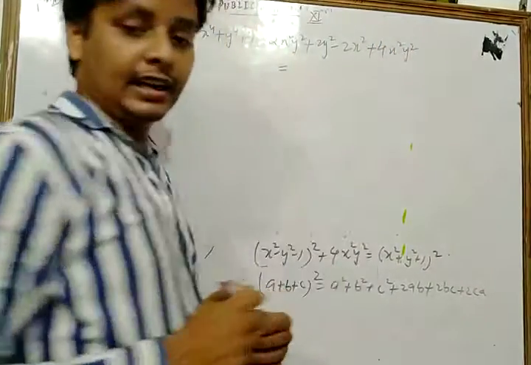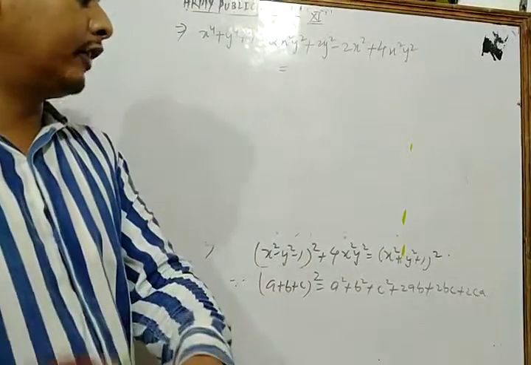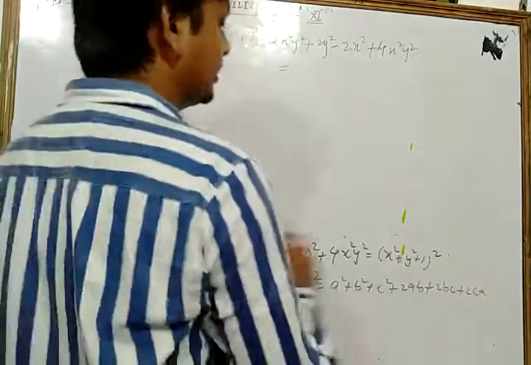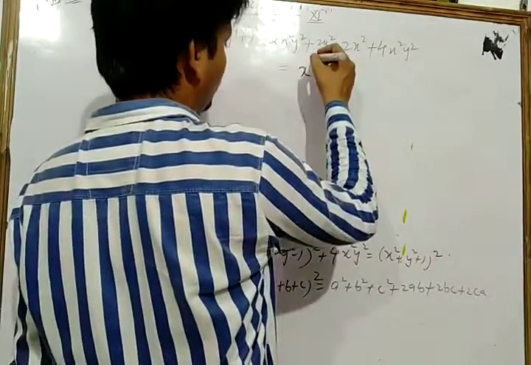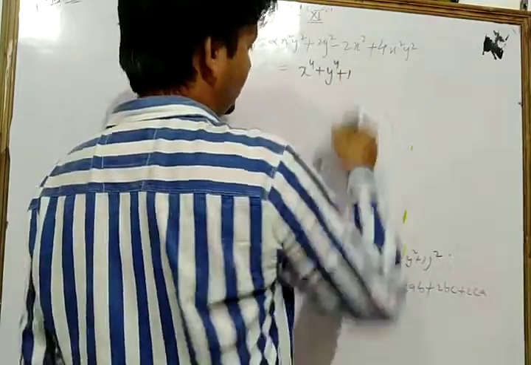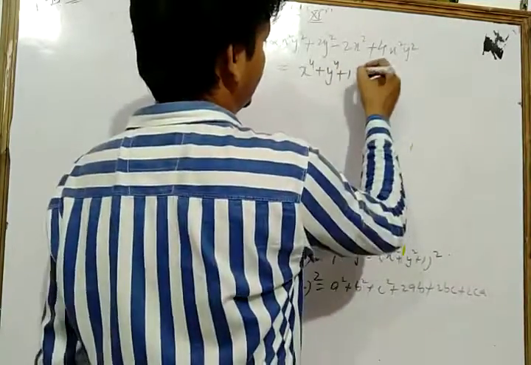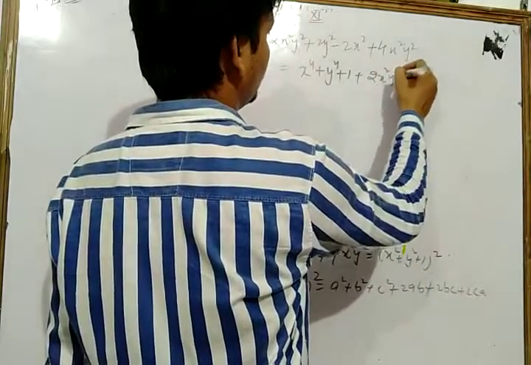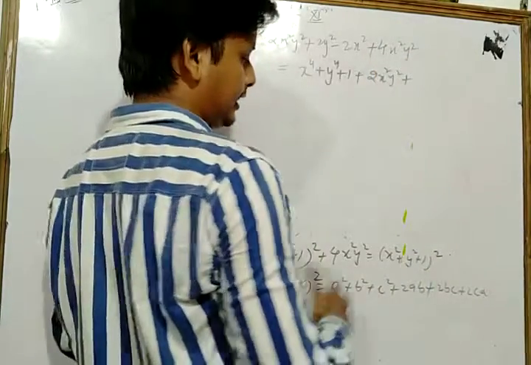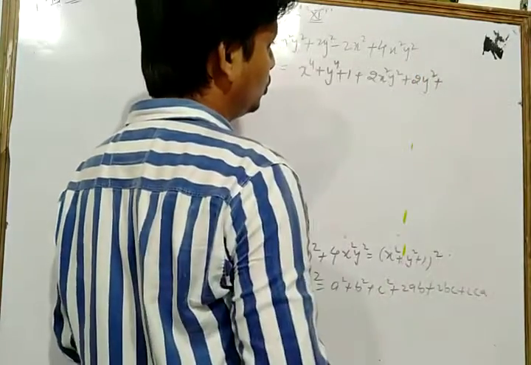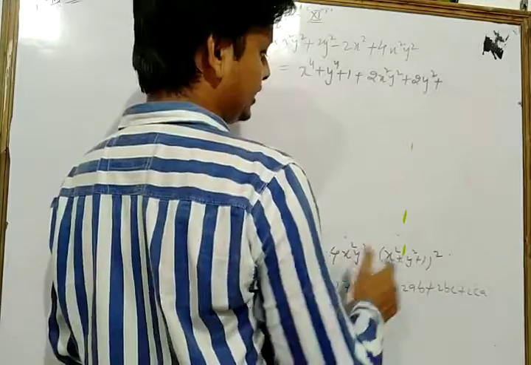Now in the right hand side we expand that value. a plus b plus c whole square: a square means x to the power 4, plus b square means y to the power 4, plus c square means 1, plus 2ab means 2x square y square, plus 2bc that is 2y square, plus 2ca that is 2x square.